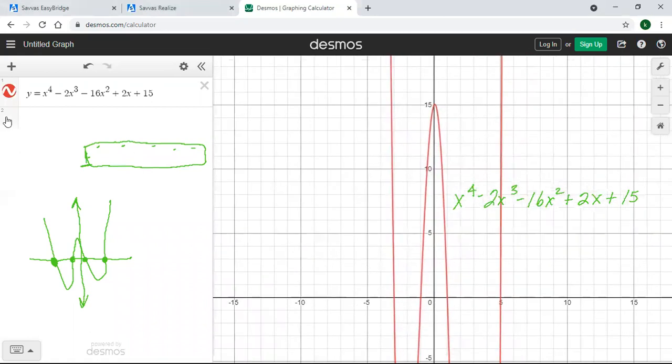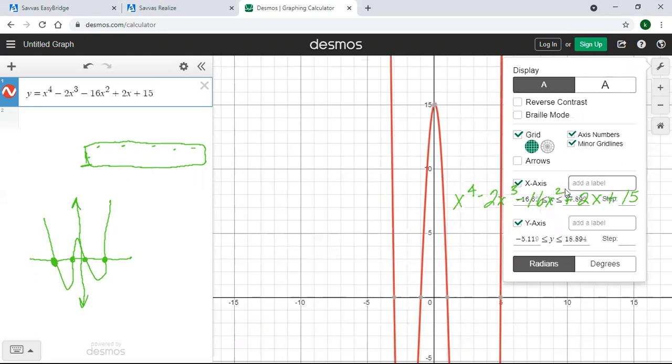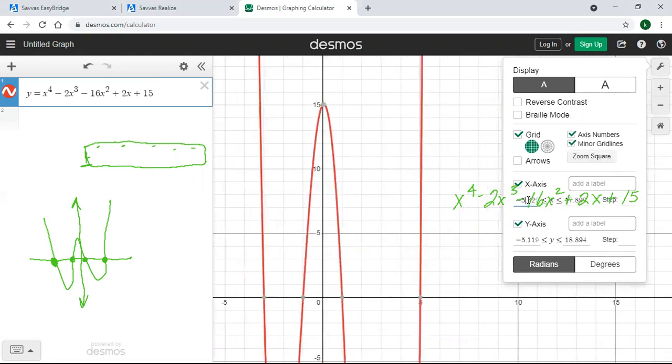Sometimes there's a button over here that will zoom right onto the graph to make it fit on your page, but I don't see that button. So if we have to do it manually, you can come up here, and our x's are spread out. If I went from -5 to like +6 over here, it would fit.